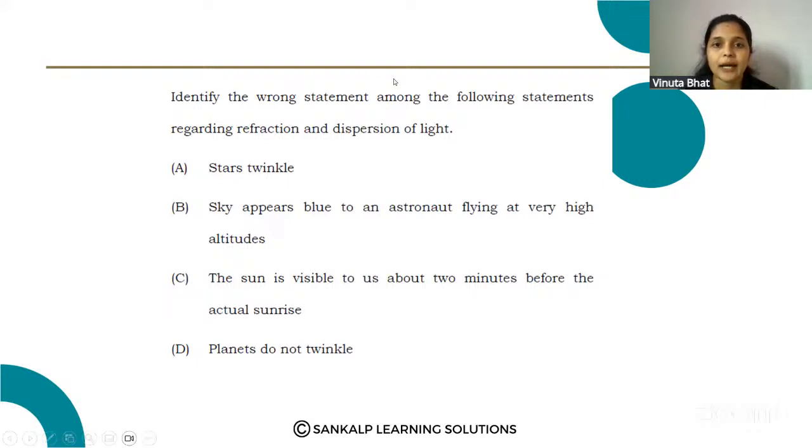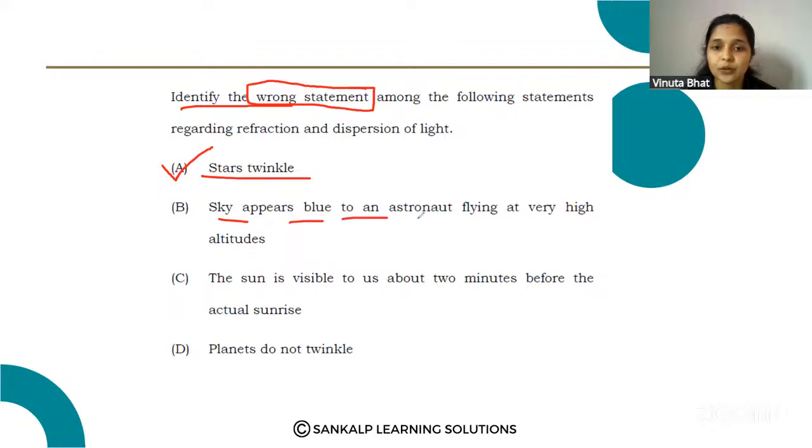Here you have to identify the wrong statement. Stars twinkle, yes, that is a correct statement. Sky appears blue to an astronaut flying at very high altitudes? The sky does not look blue to an astronaut flying at high altitudes because there are no atmospheric particles present to scatter the light. So option B is the wrong statement.